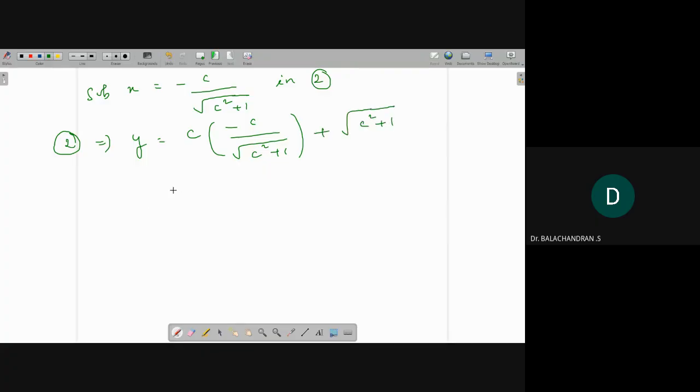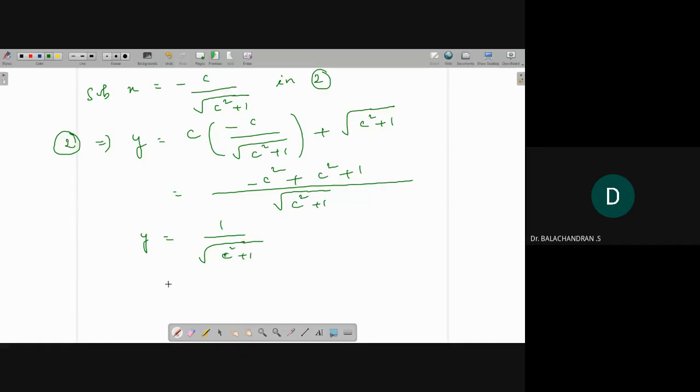Now, to take the LCM, root of c square plus 1, you get minus c square plus c square plus 1. So y is equal to 1 divided by root of c square plus 1.